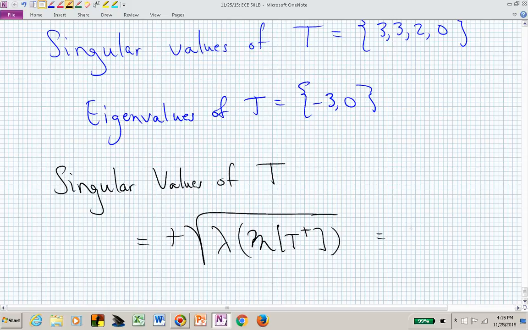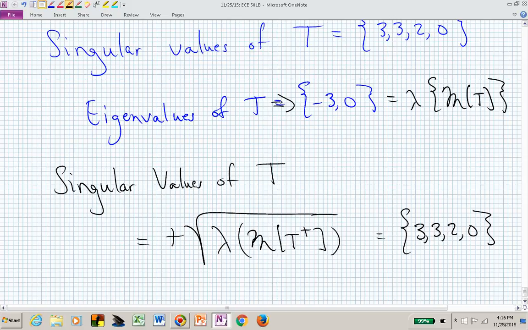And those were 3, 3, 2, and 0. And you can compare those with the eigenvalues of T, which are the eigenvalues of the matrix representation of T.